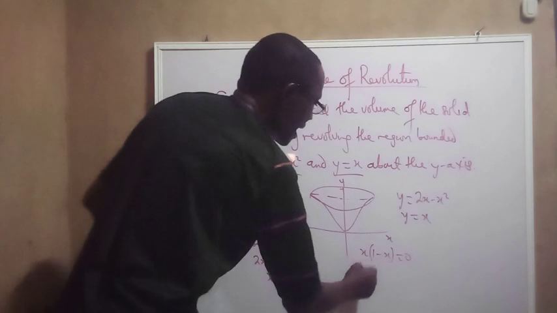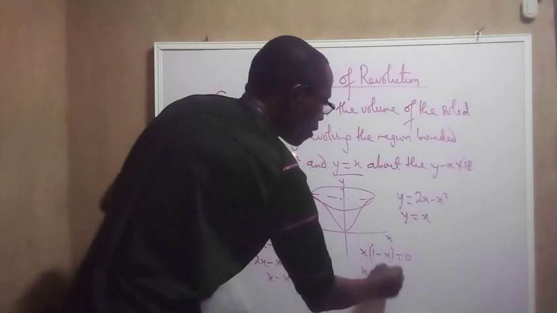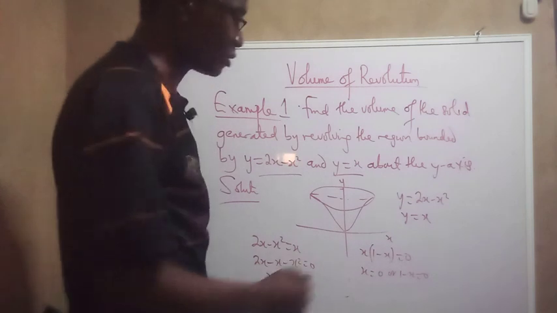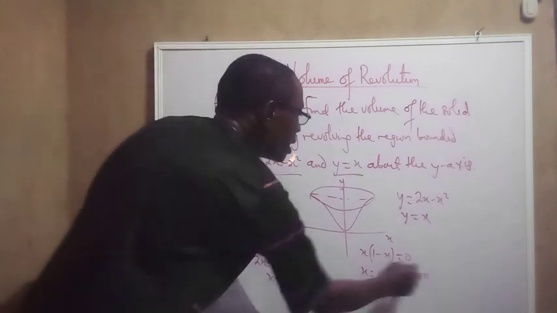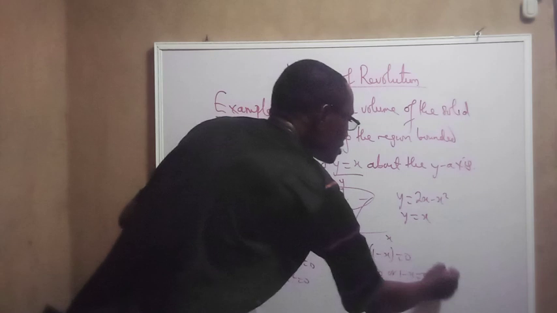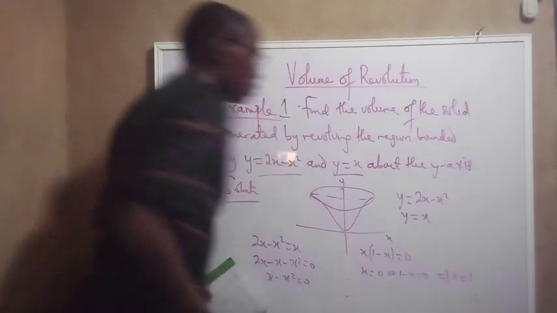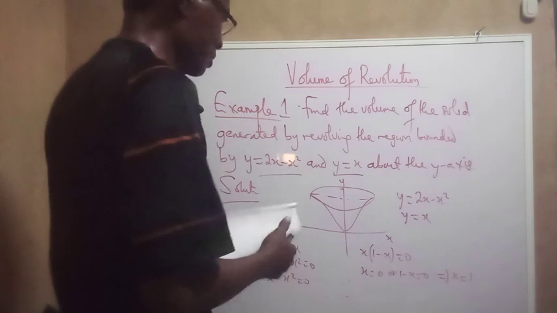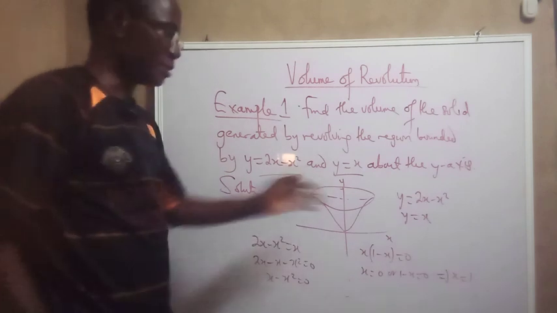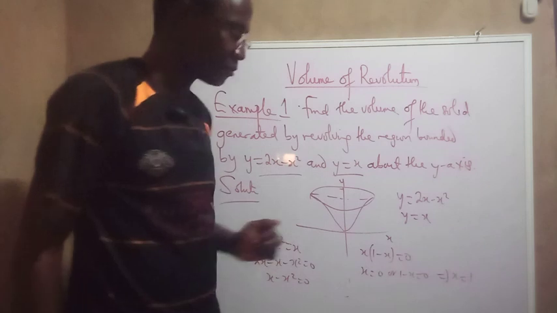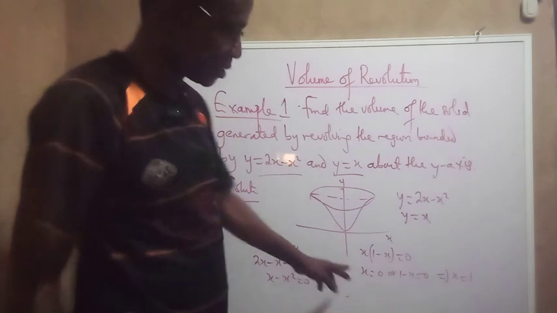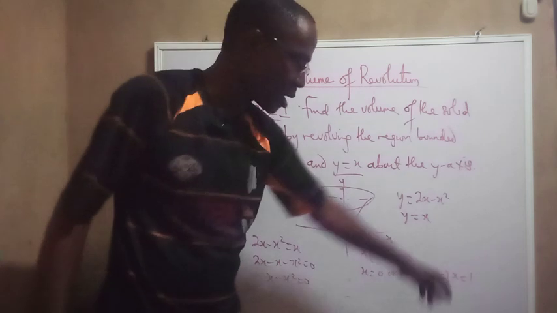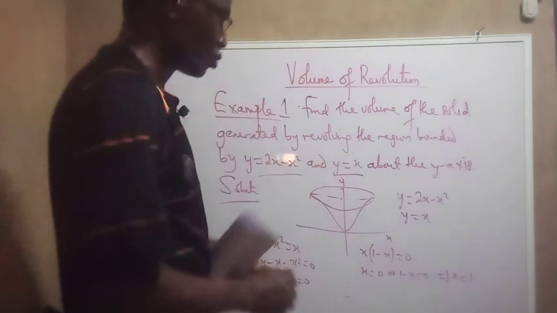This means x is equal to 0 or 1 minus x is equal to 0. That's our elementary algebra. So 1 minus x equals 0 implies x is equal to 1. With this, we have gotten the limits for our object that's revolved: x equals 0 and x equals 1.